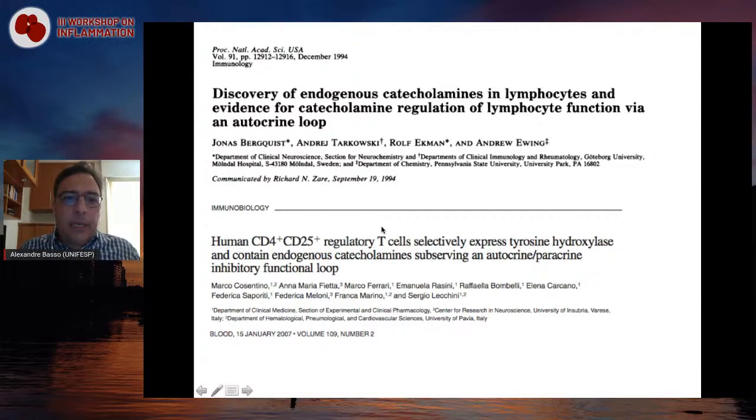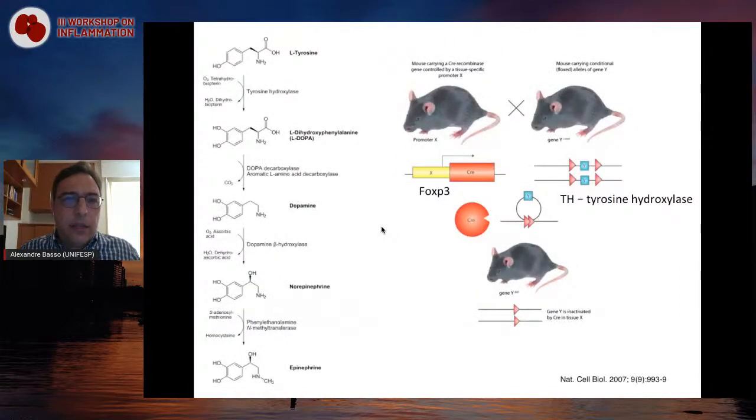But there's still very little knowledge on how important this is, especially in vivo. So we decided to address this question using conditional knockouts in which only FOXP3 expressing cells are deficient of tyrosine hydroxylase. Tyrosine hydroxylase is the rate limiting enzyme in the noradrenaline synthesis pathway.